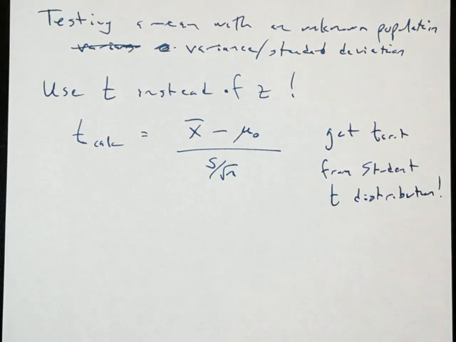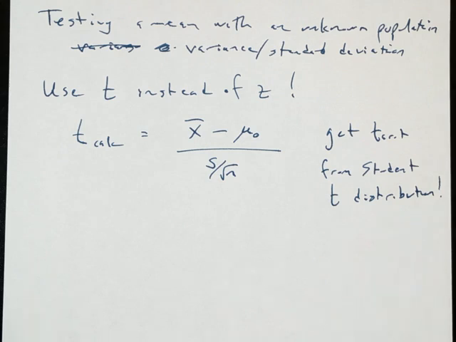Everything else we do for testing whether or not our mean is in our confidence interval or not is the same. We just switch out Z for T and sigma for S.